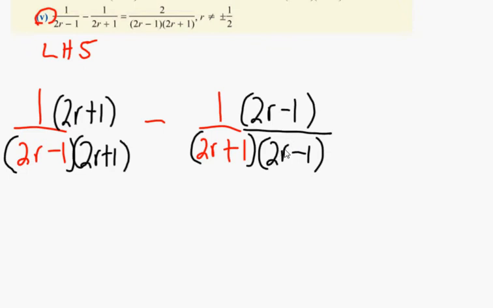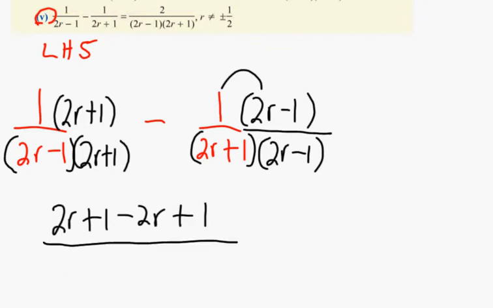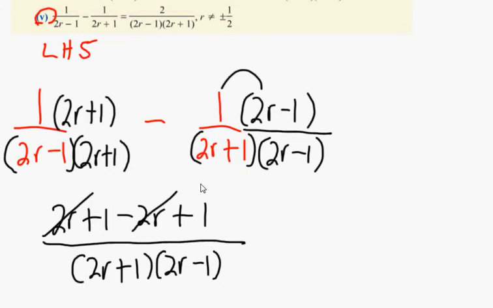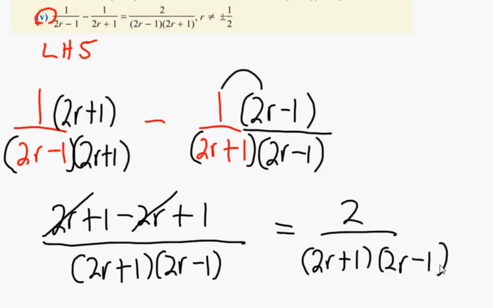It's that easy. Multiply out, we get 2r plus 1 minus 1 times 2r minus 2r minus 1 times 1 plus 1. And then you don't have to multiply out the bottom. You can if you want, but you don't have to. 2r minus 2r cancels, and then you're going to get 2 brackets 2r plus 1 2r minus 1.